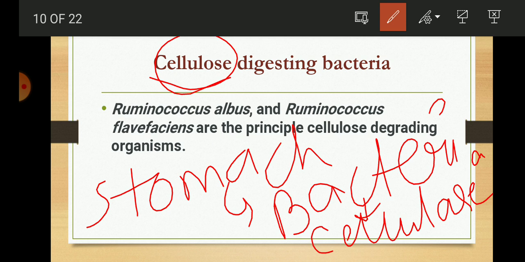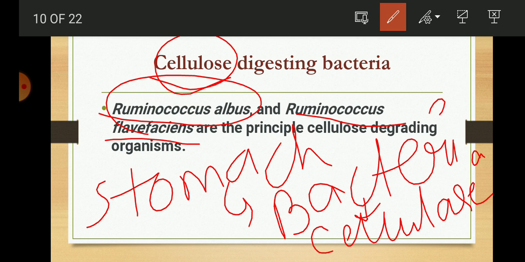And here we have to study which bacteria. We have many bacteria, but here I am taking two examples of cellulose digesting bacteria, that are Ruminococcus albus and Ruminococcus flavefaciens. Students, these are the two bacteria which help in the digestion of cellulose.